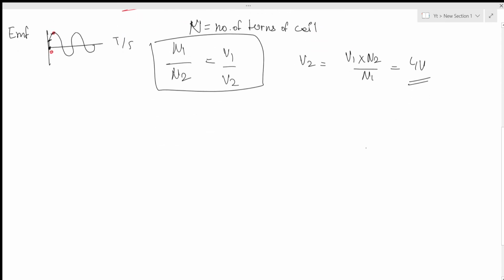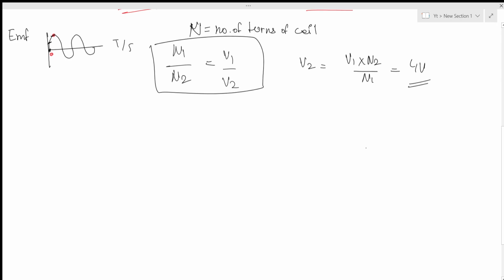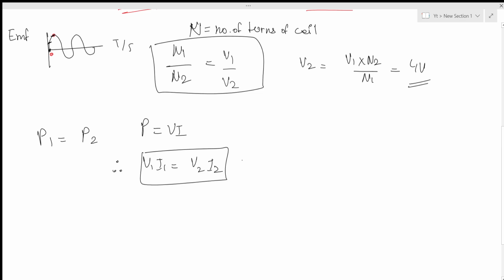On the same note, assuming no energy is lost, we can also assume that the power in the primary coil is equal to the power in the secondary coil. And P is equal to VI, therefore V1 I1 is equal to V2 I2. This is the second formula that you need to know for transformers.